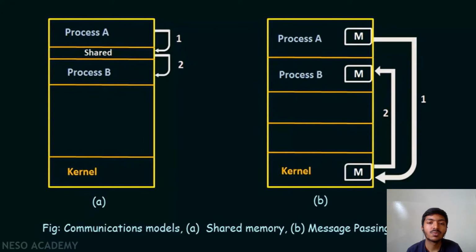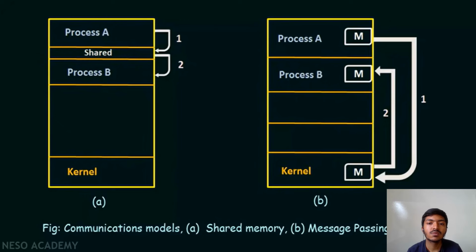So process A writes here and process B reads the shared memory space. This is possible because this is a shared memory region and it is accessible to both process A and process B.